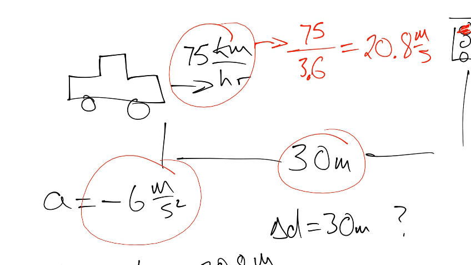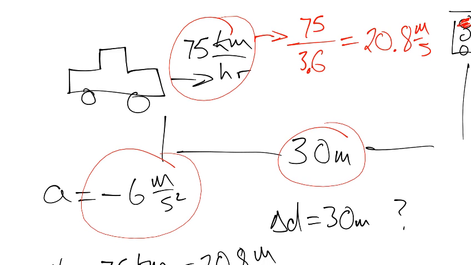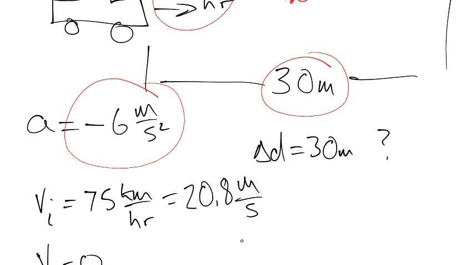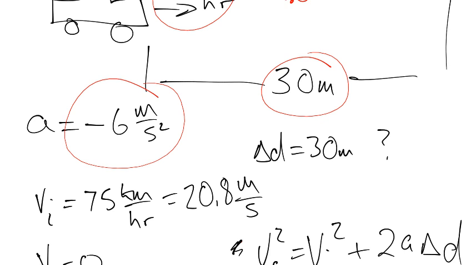Okay? Now the question is, which equation could we possibly use? Let's have a look at this equation. V final squared equals V initial squared plus 2a delta D. Because what we want to find is the delta D, to see if it is less than or greater than 30.